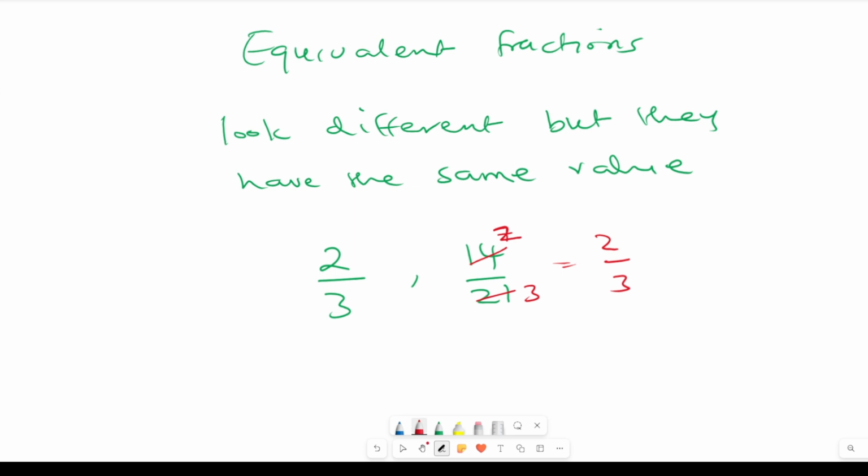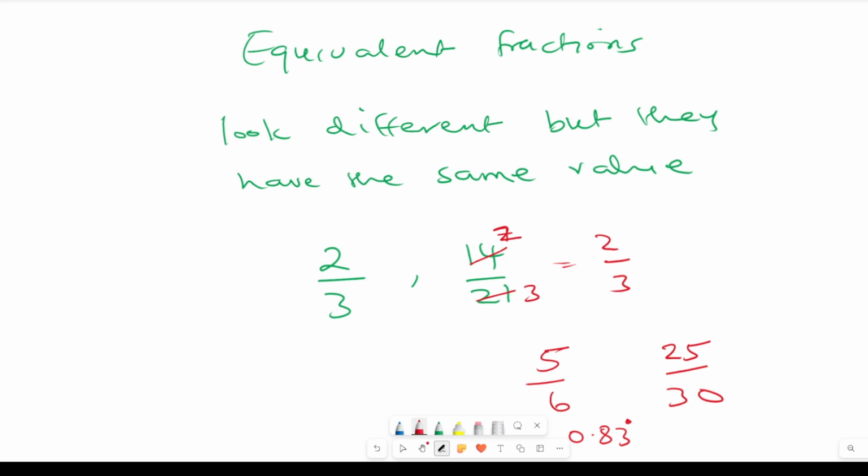Let's look at another example. 5 over 6 and 25 over 30. They are equivalent fractions. If you get a calculator and punch these two different fractions, they'll show you the same decimal. 5 over 6 is 0.83 recurring.